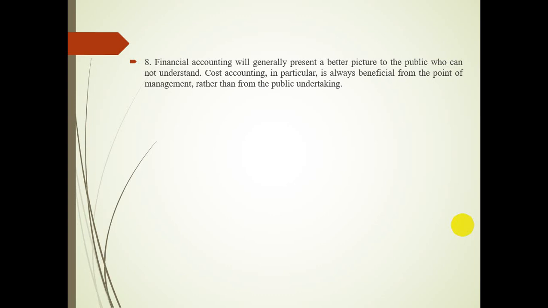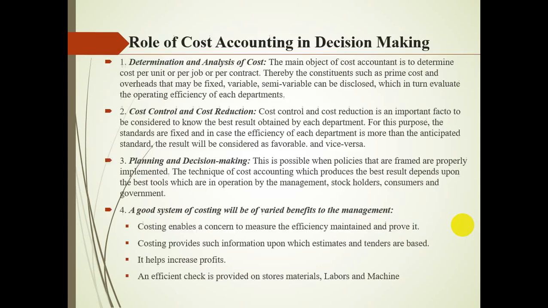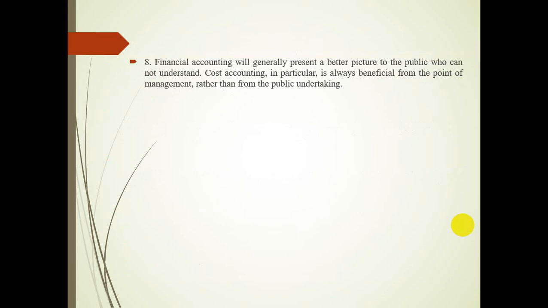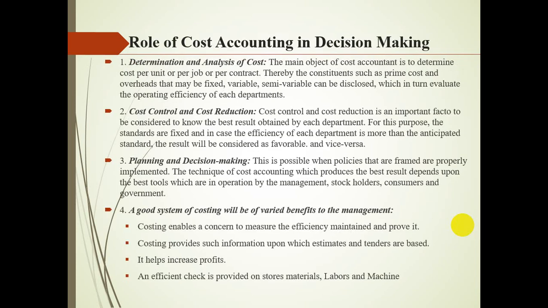That is why people can understand how much the cost per unit is, but in financial accounting people will not understand what is actually happening in the balance sheet of the company if they are not a specialist or are not able to analyze it. That is the difference between these two.